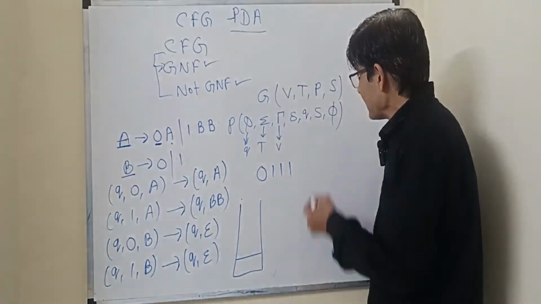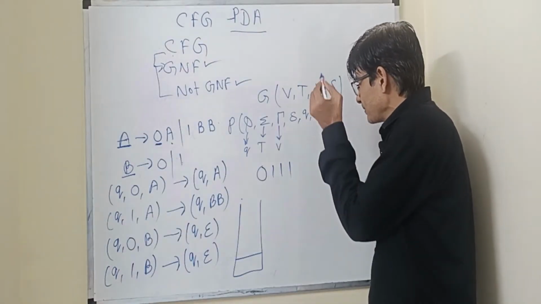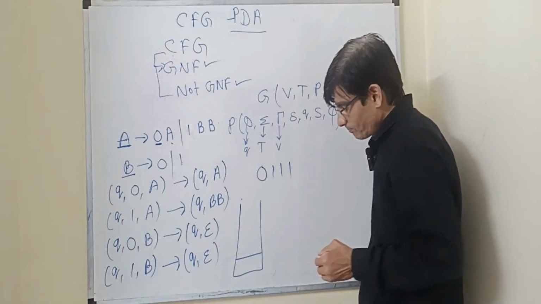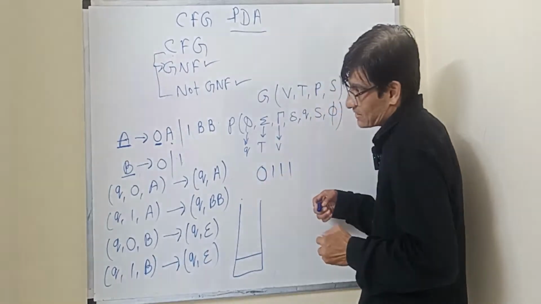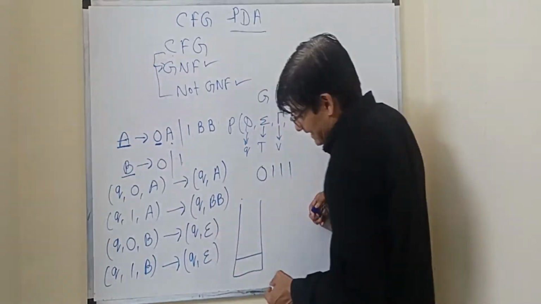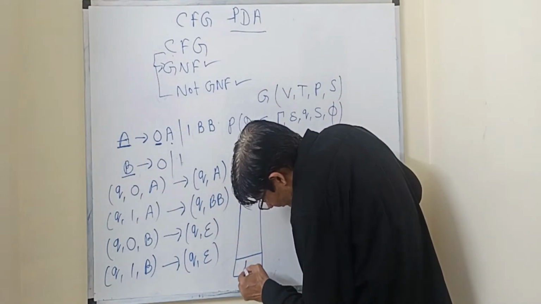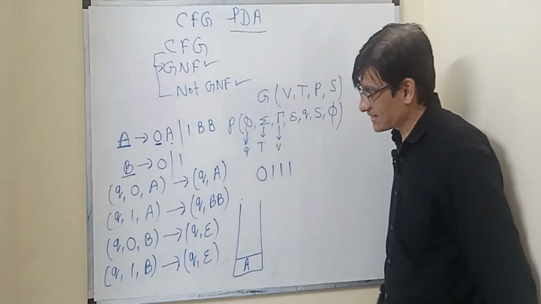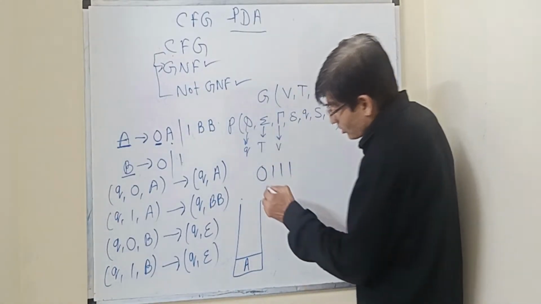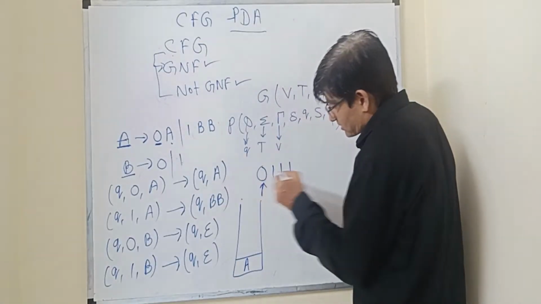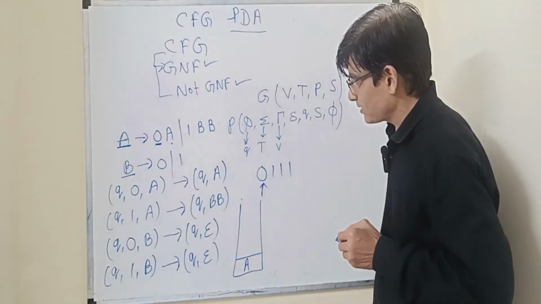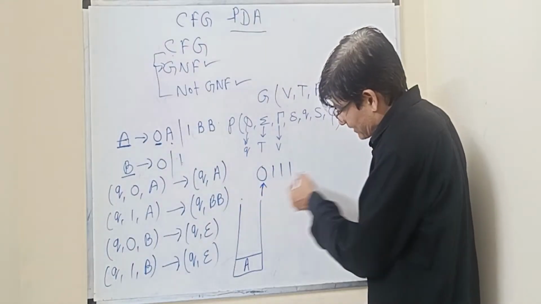As I told you, the start symbol would be the initial stack symbol. So here we have A as the start symbol, so I can insert A into the stack. Now we will read the first 0. We will start reading the string from left to right.